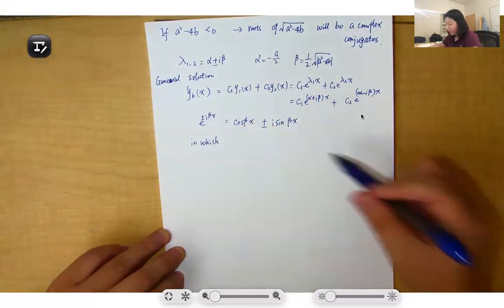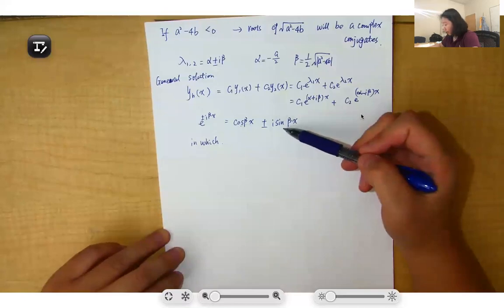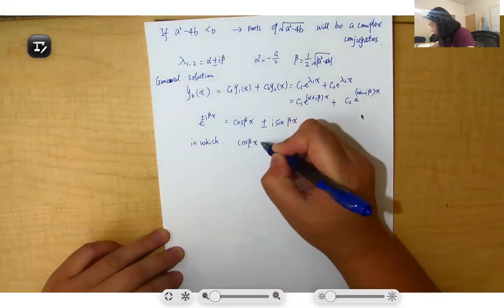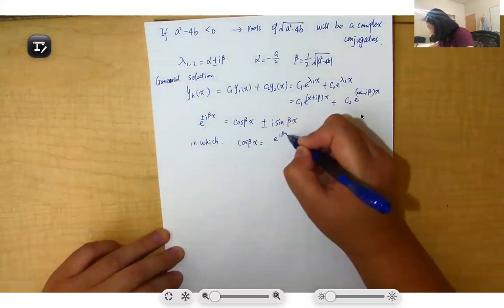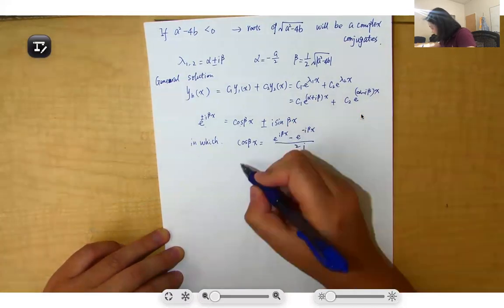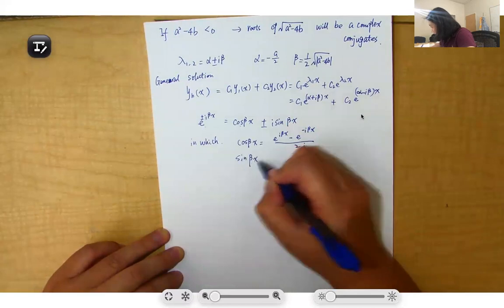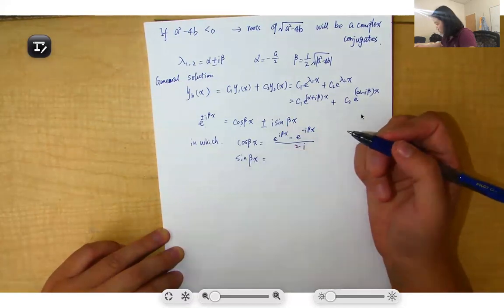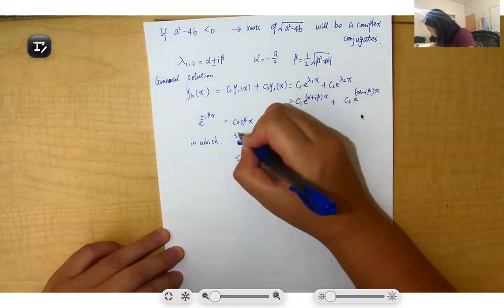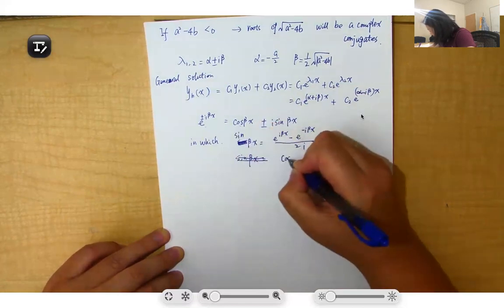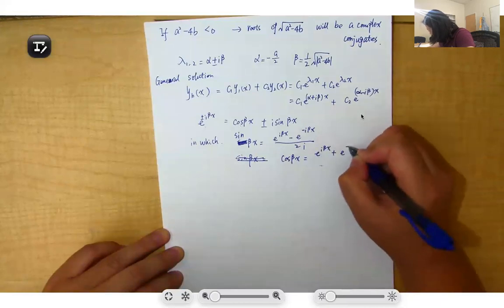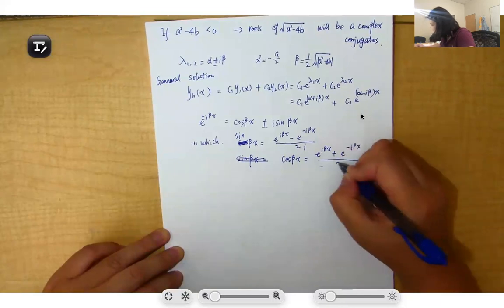If you want to represent the cosine and the sine with the exponential part, cosine beta x equals e to the i beta x plus e to the minus i beta x divided by 2. And sine beta x equals e to the i beta x minus e to the minus i beta x divided by 2i.